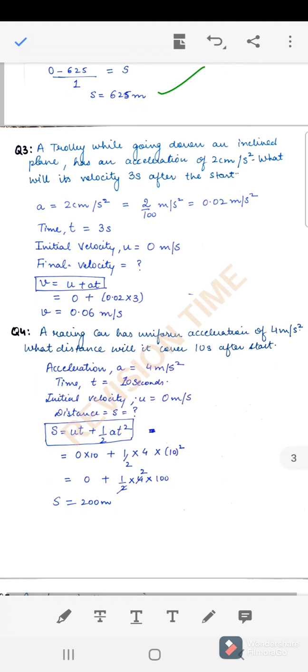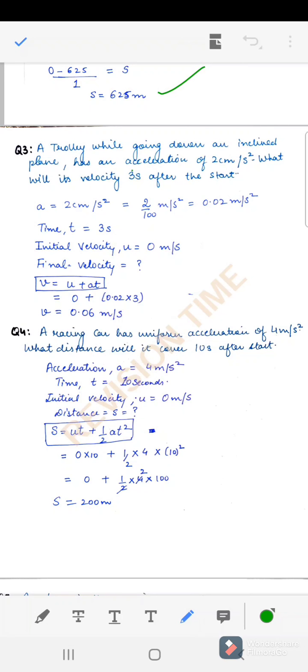So next is question number 3. It says a trolley while going down an inclined plane has an acceleration of 2 centimeter per second square. What will its velocity be 3 seconds after the start? We are given acceleration 2 centimeter per second square. We have to convert it into SI units.